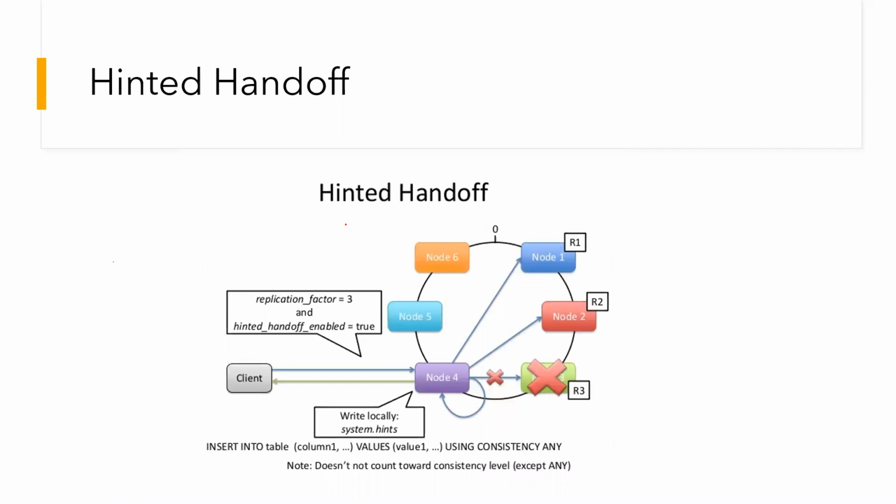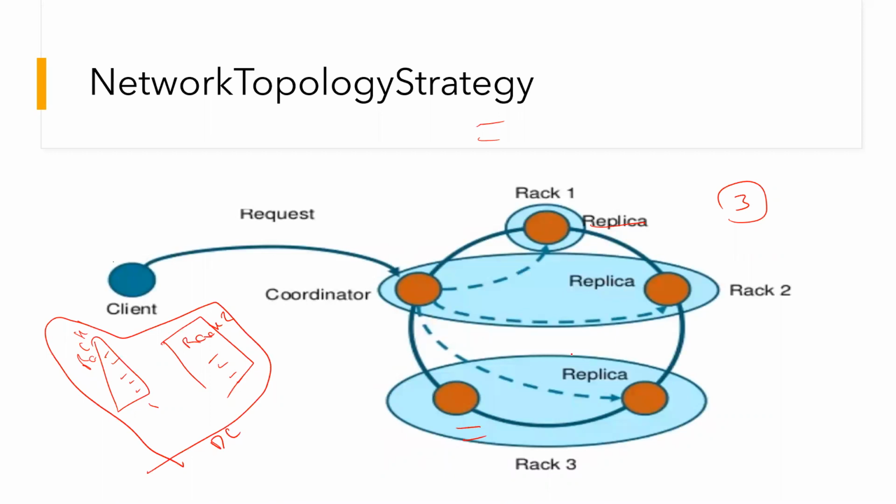So hinted handoff is something where, like I said, you're writing to multiple replicas over here, right? Let's say you're having a replication factor of 3 and you're writing to 3 nodes. Now, let's say this particular node is down. How is that handled by Cassandra when you're writing and one specific node goes down?